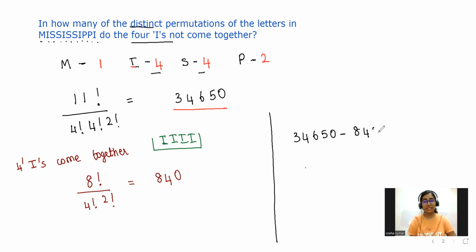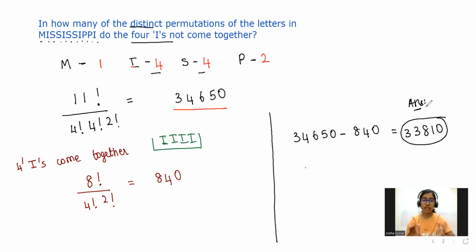From this, if I just subtract the 840 conditions where they come together, whatever I'm left with is the answer. That is equal to 33,810. So this is our final answer, students. So the distinct permutations where the four I's do not come together is 33,810.